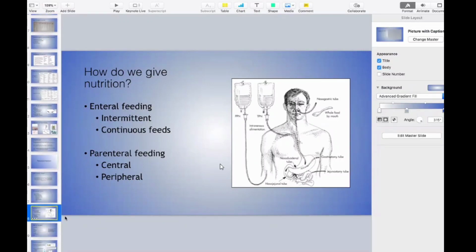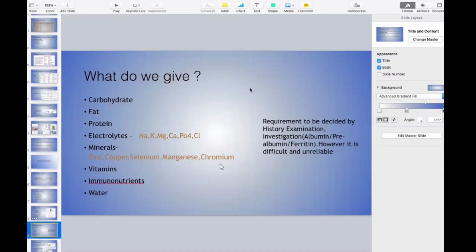As parenteral nutrition, what do we give? We have to give carbohydrate, fat, and protein, electrolytes, minerals, vitamins, immunonutrients, and finally water. What we give, how much to give, and how long we give depend on the patient's condition.